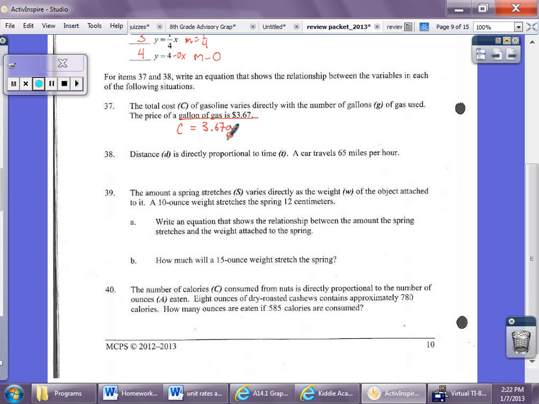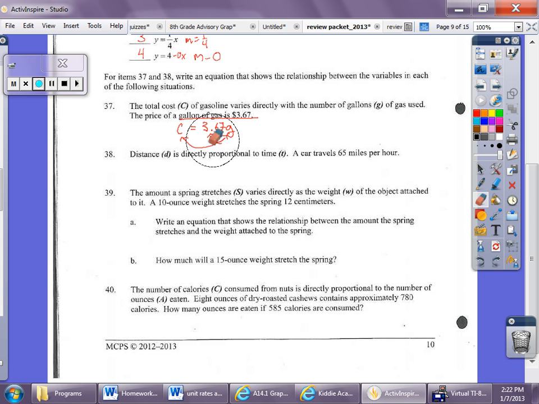So what this is saying is the cost is the price times the gallons. So 3.67 times the gallons will give us the cost. So that's how we get cost equals 3.67 times the number of gallons. Let me erase this here to make it a little more clear. So the cost is 3.67 times the gallons.